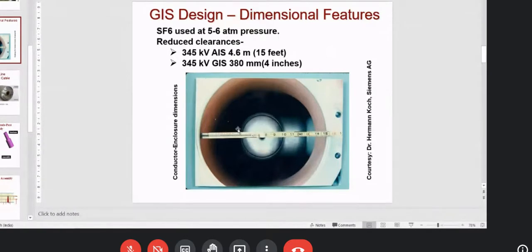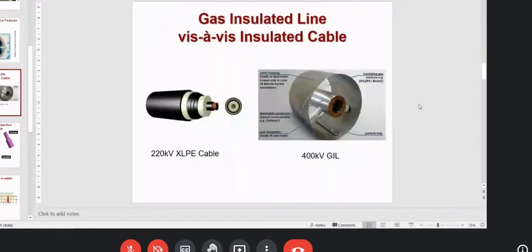This is GIS, and if we go into GIL technology, on the right side is the actual diagram of a 400 kV GIL. This is not a photo. It's actually a CAD generated diagram, not a photo. Nowadays, CAD is so powerful, it looks like real life.